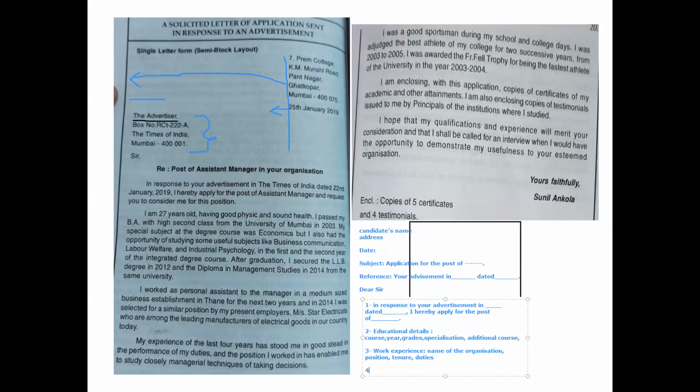So you can mention the current employer, the recent employer. Those details you have to provide in the application letter, and the remaining you can provide in the resume. All your other detailed experience, that you can write in the resume.